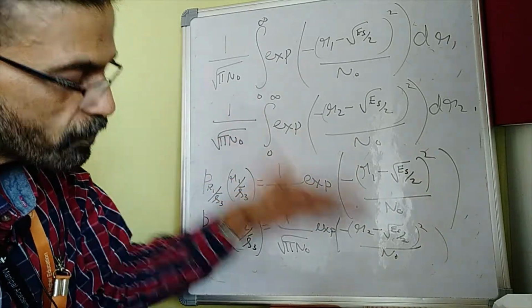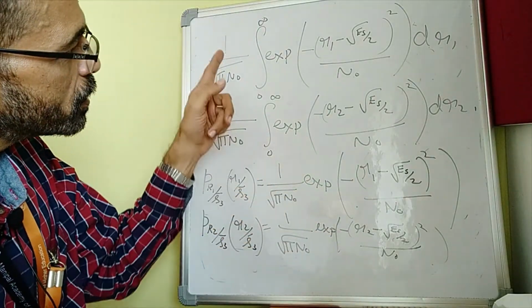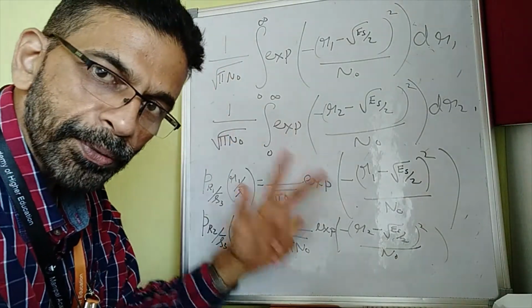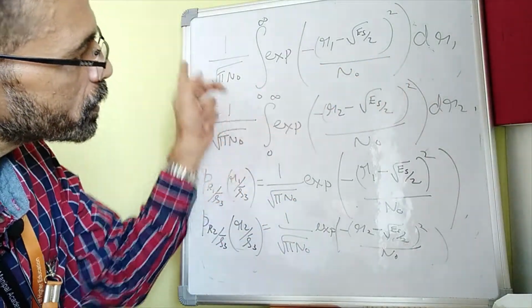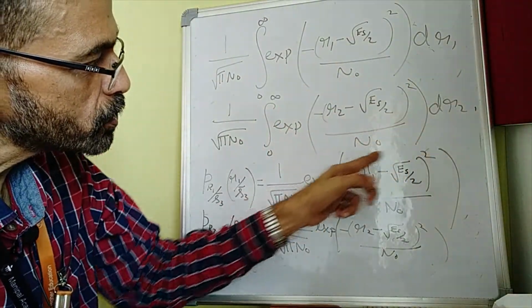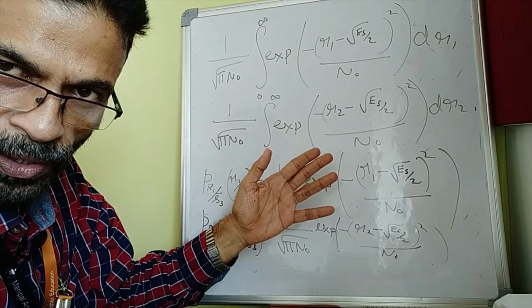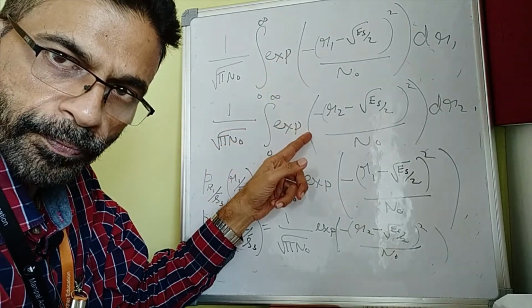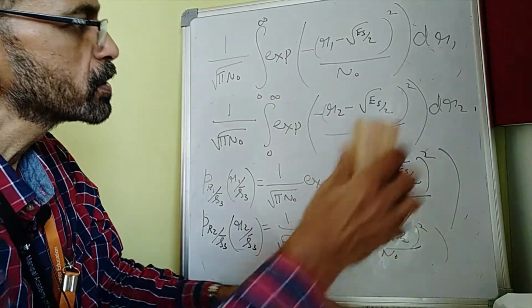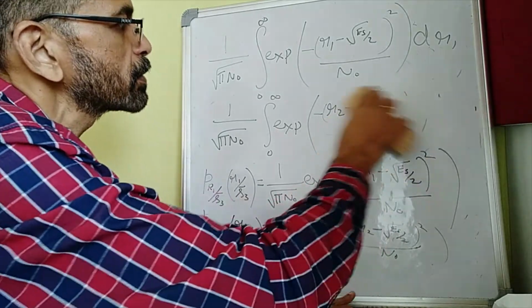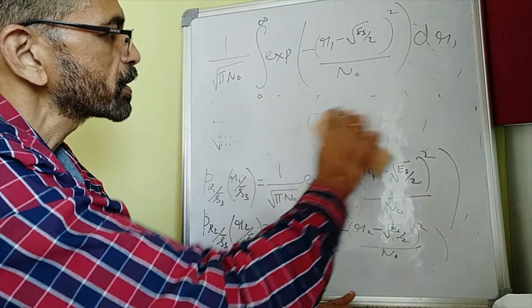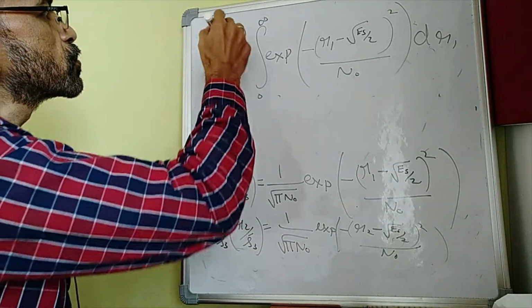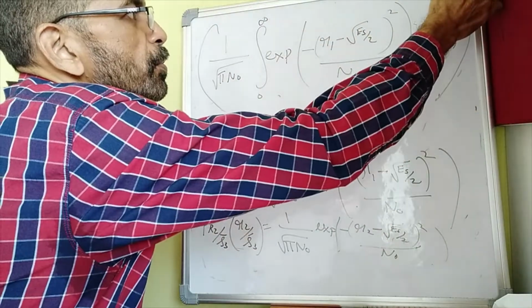So now, if S3(t) has to be detected correctly, I repeat, both R1 and R2 have to be greater than 0. Probability of R1 being greater than 0 is this. Probability of R2 being greater than 0 is this, which incidentally happens to be the same as this. So probability of both being greater than 0 will be the product of these two, which simply means this raised to the power 2.